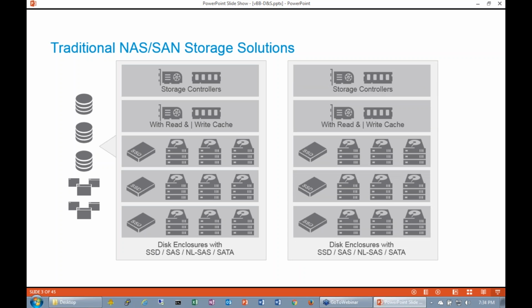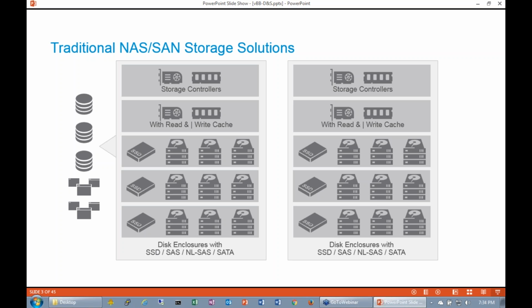Now if we look at the way this is laid out, it's essentially multiple controllers, multiple shelves. We decide that we want to grow things, it's not necessarily as straightforward. Different legacy systems have limits as far as the amount of RAM you can put in a controller, the amount of cache you can put in a controller, the number of drives you can put behind a controller, different things like that all come into play when it comes to traditional storage.